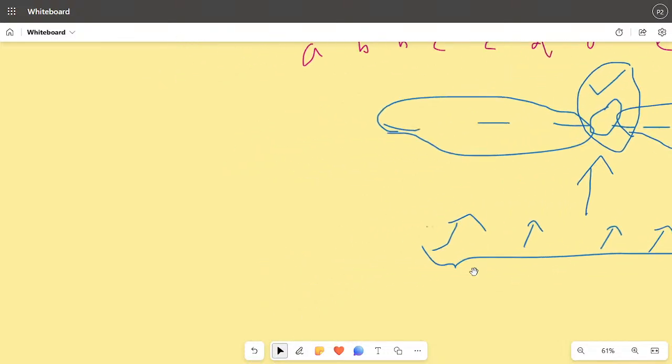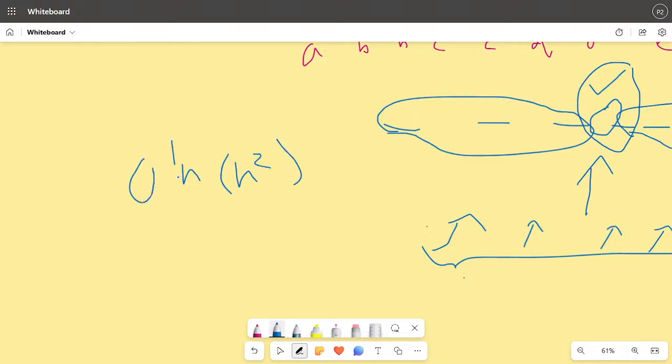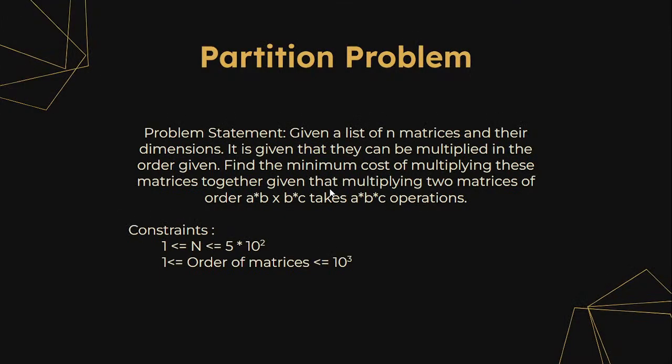To calculate the answer for any subarray, I will have to do at most n operations, and there are n squared subarrays. So my final answer will be of n cube time complexity. And we know that 500 cube is 125 E6, i.e. 1.25 E8, that will pass.